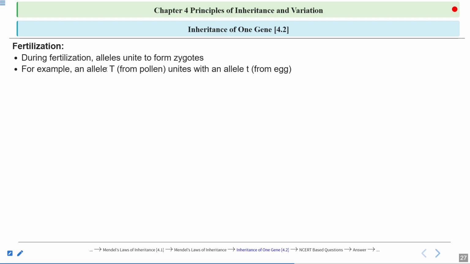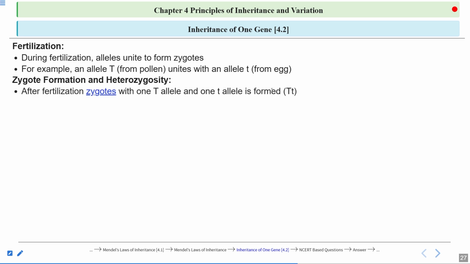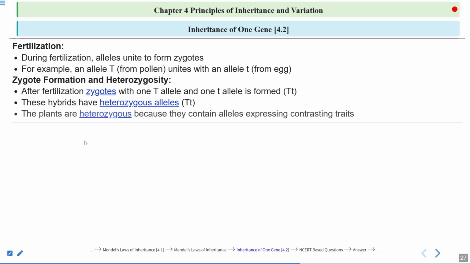So for example, capital T is coming from the pollen and this combines with the small t coming from the egg. So the zygote will have capital T and small t. The zygote will be heterozygous. So this will be known as a hybrid, which will be heterozygous. It will have capital T and small t.